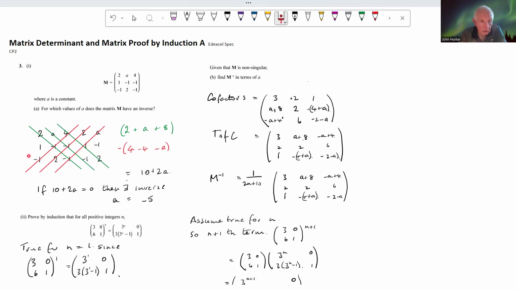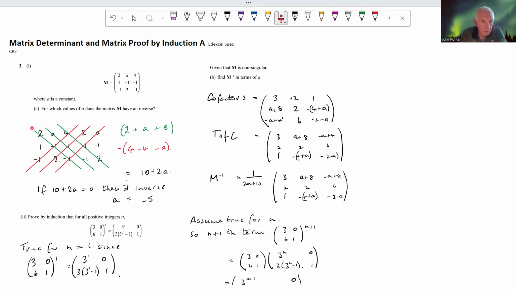Now, what I've done here is I've used Sarrus' rule, which I'm sure is the easiest way to do the determinant for a 3 by 3 matrix. If you haven't seen this, we write out the matrix there, and then write out the next columns, though we only need these next two columns here.